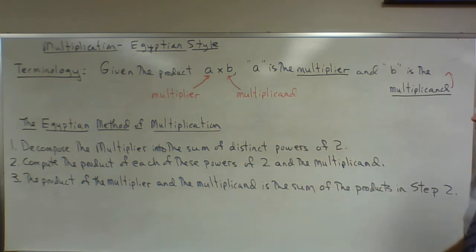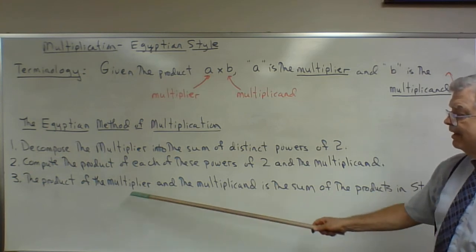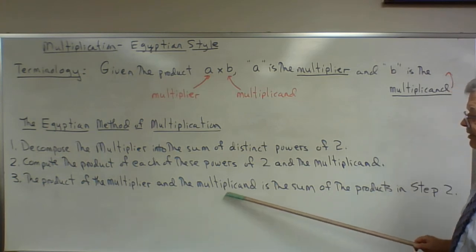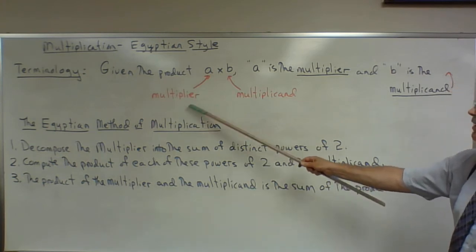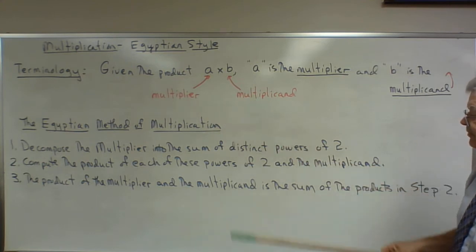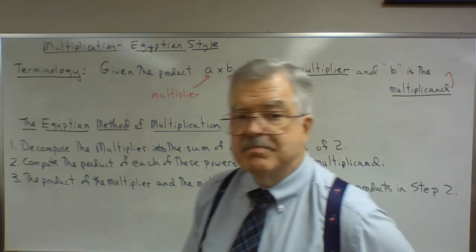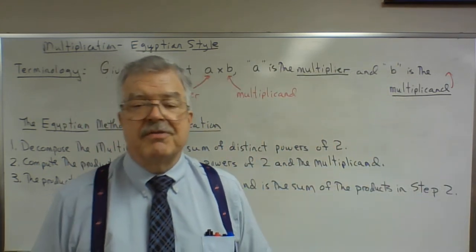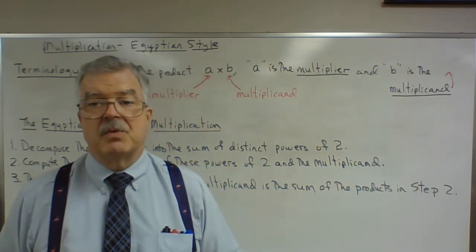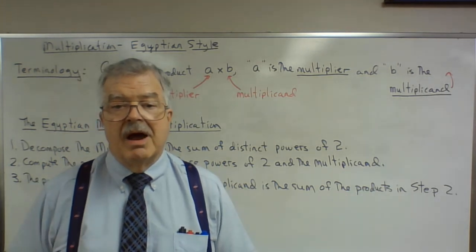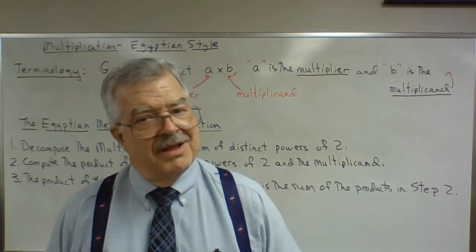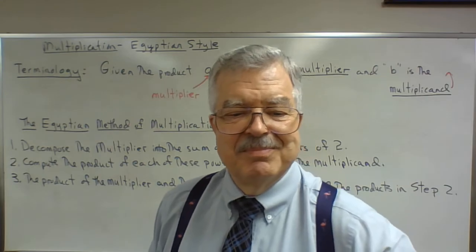And it turns out the product of the multiplier and the multiplicand is just the sum of the products that we compute in step 2. Now, why does this work? We'll do an example or two first and then analyze afterward why it works. Right now, let's do an example.